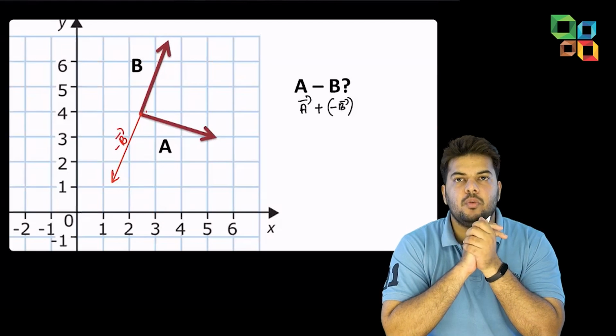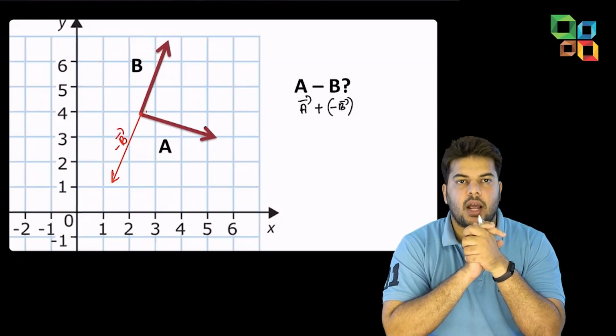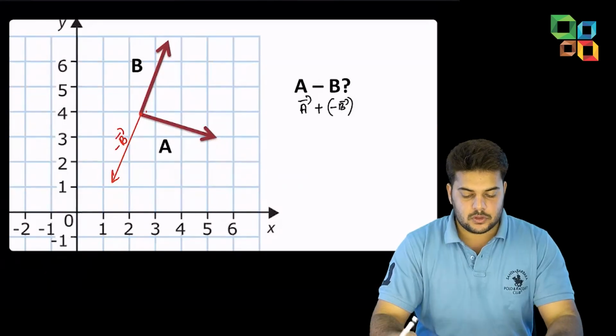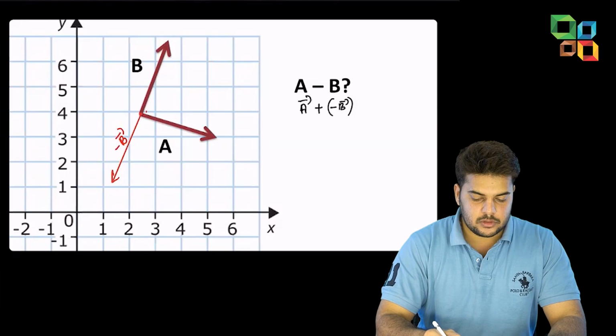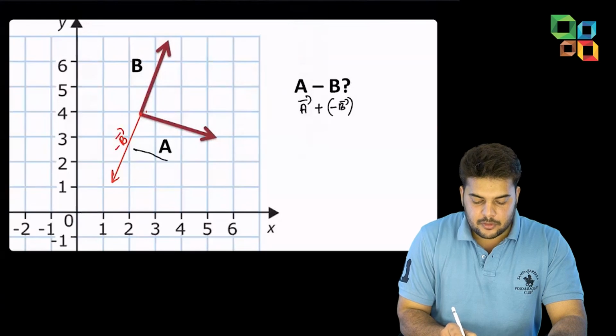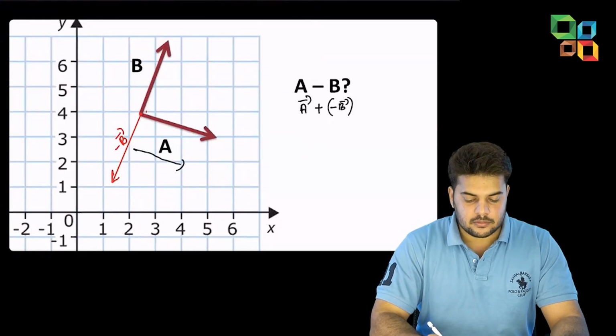And now what are we going to do? We are going to add A and negative B vector. We are going to add those two arrows. So how to add these two arrows? First, you move the negative B vector from here to here. That's the rule, isn't it?